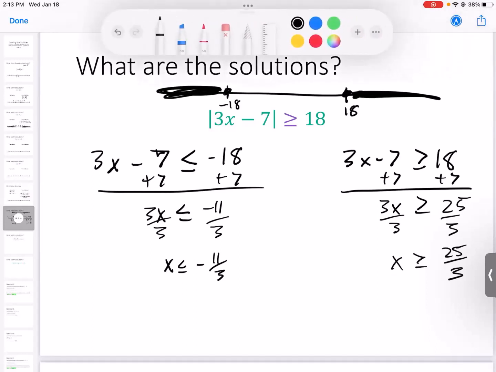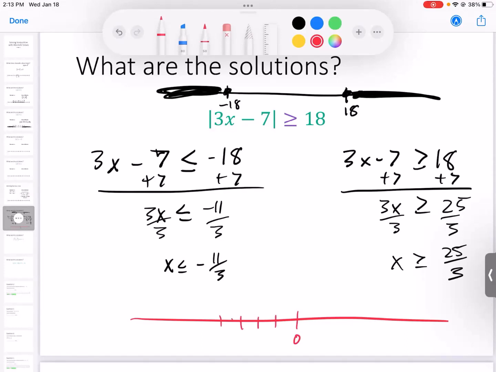And you could graph this on a number line, and you could say, okay, well, negative 11 thirds is going to be negative 3 point something. So it'd be here about. And then 25 thirds is going to be 8 point something. So 1, 2, 3, 4. It's going to be somewhere right there.